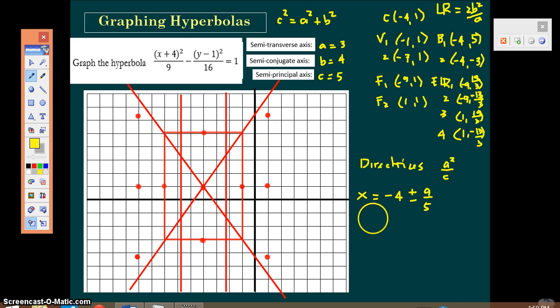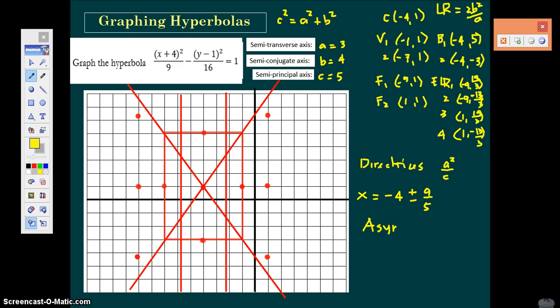So just write the equation of your asymptotes as the equation of a line passing through a point with a given slope. So y minus y sub 1, where our point is the center, so y minus 1, equals the slope plus and minus 4/3.